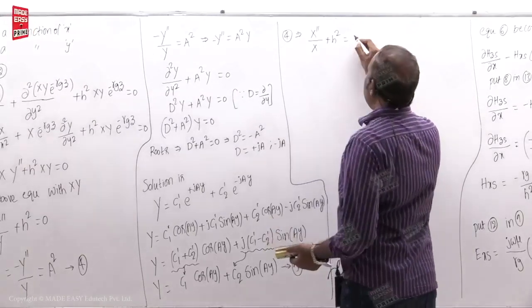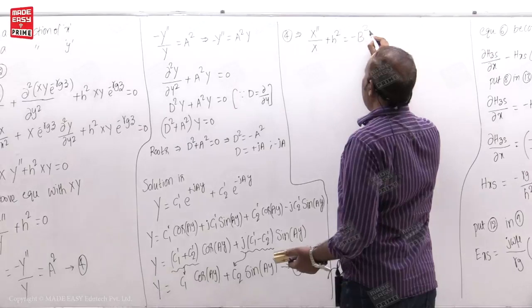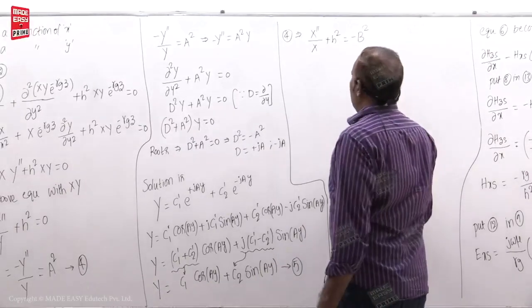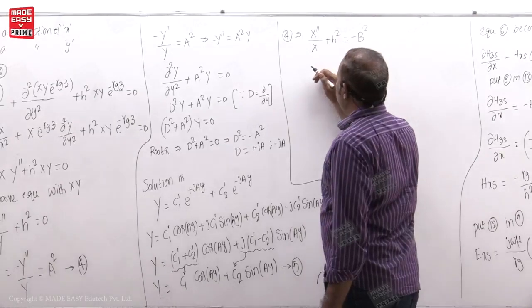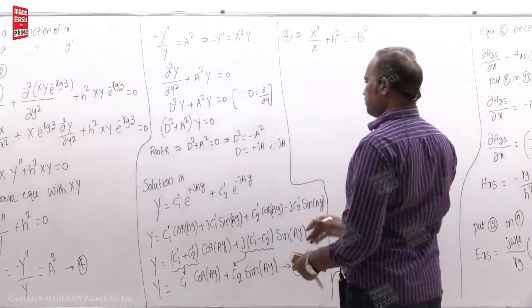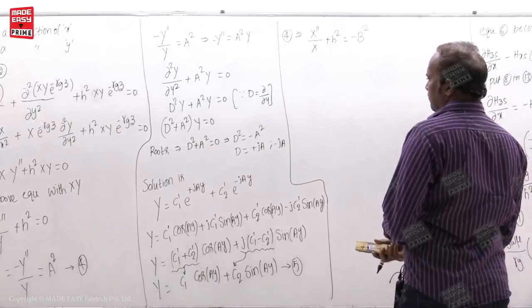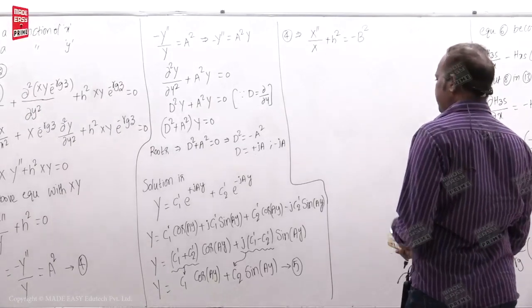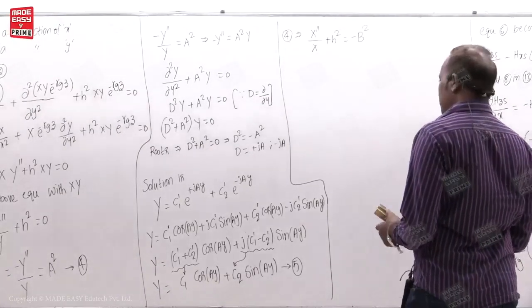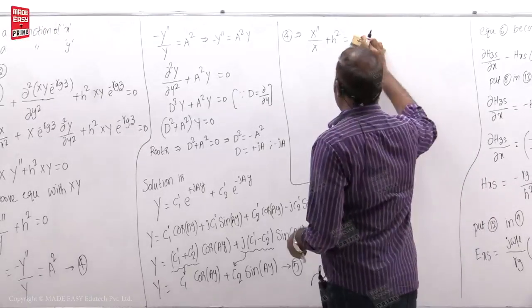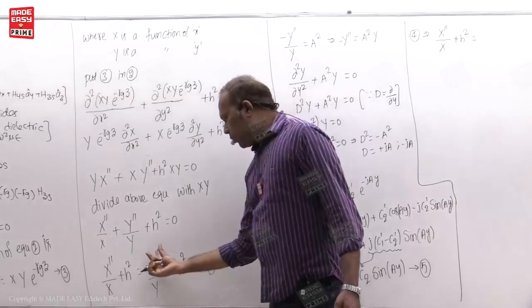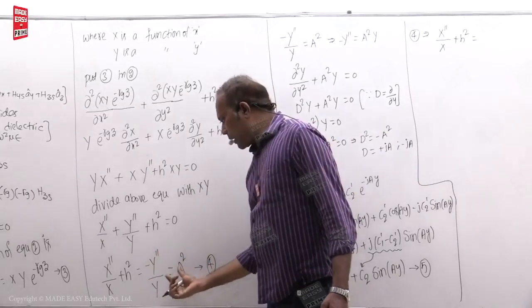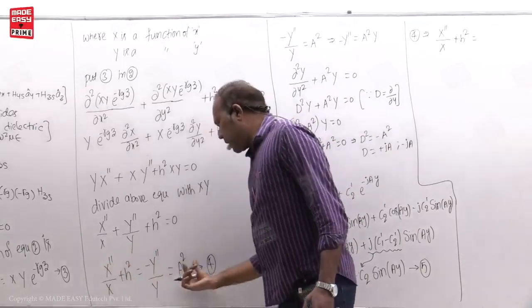That is taken as minus b square. You have to do like this, student. Actually one time we have taken this equal to a square, and the second time the total term is taken as a square.